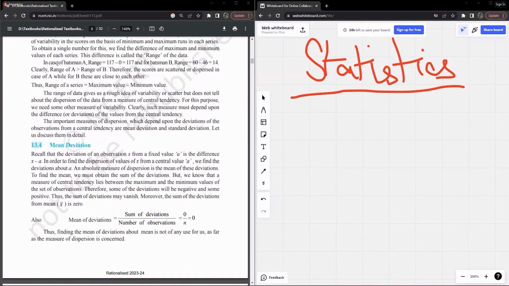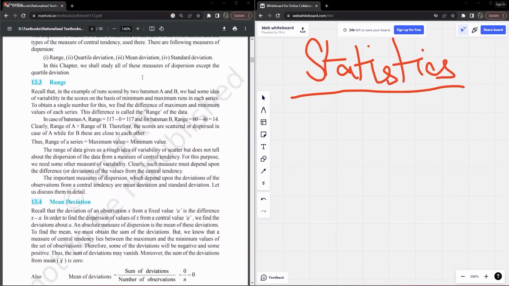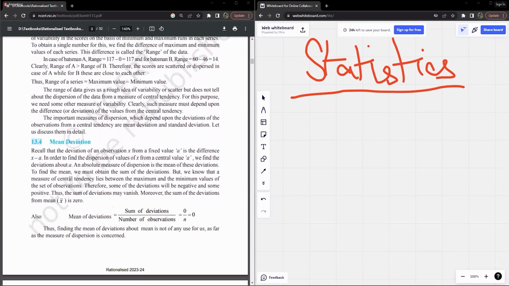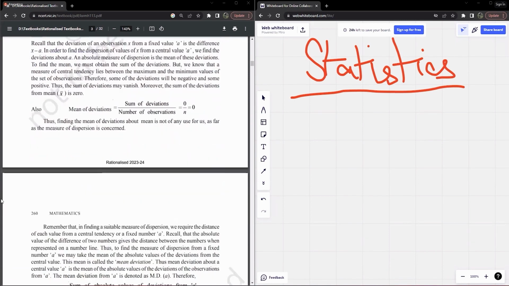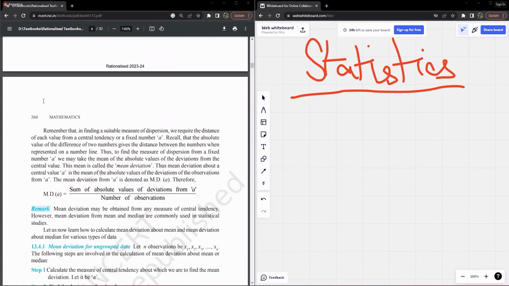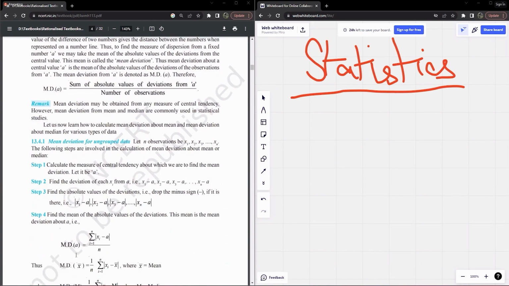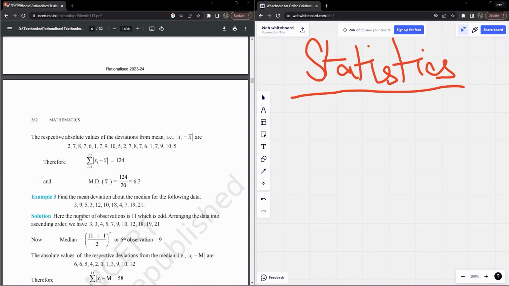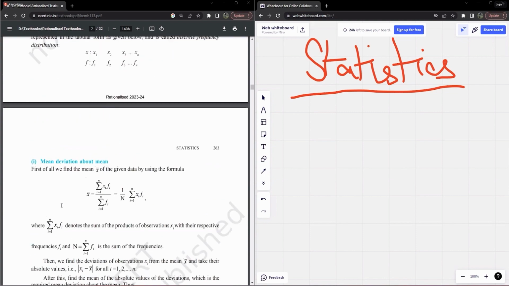So you have four measures of dispersion: range, quartile deviation, mean deviation, and standard deviation. The mean deviation is basically the deviation from the mean. You basically do x minus a, then sum all these values and divide by the number of observations. That's your mean deviation. Then you have your quartile deviation.